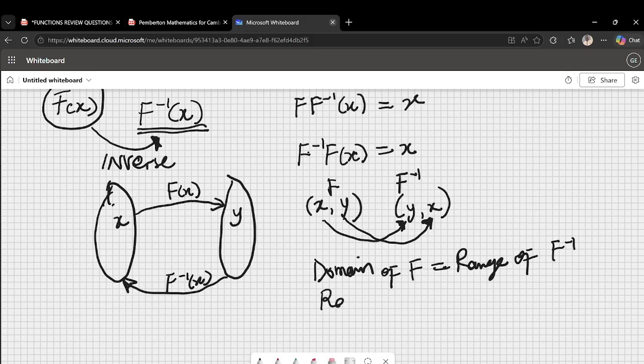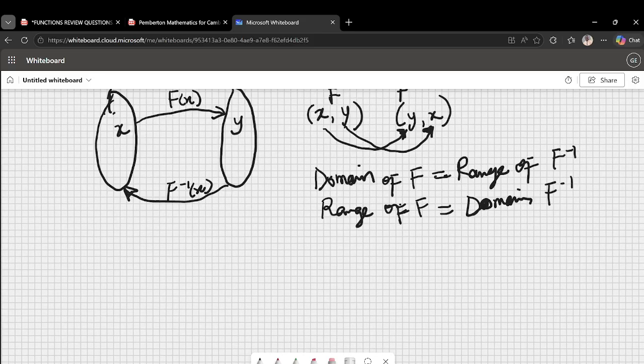Also, the range of f is going to be equal to the domain of the inverse. So this is a separate video on its own. But today I just want to look at how we can find the inverse of functions.